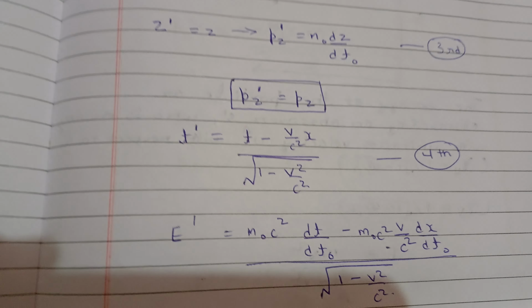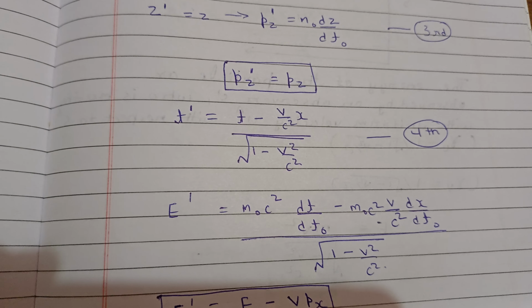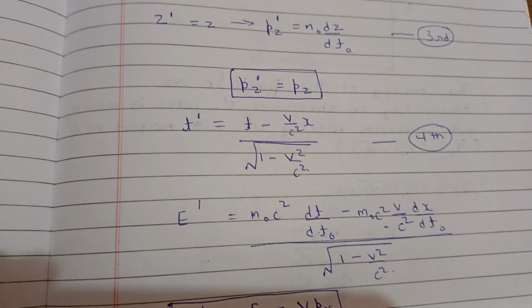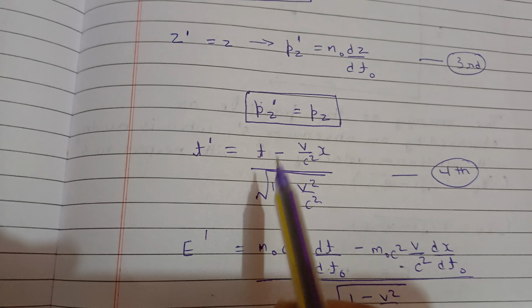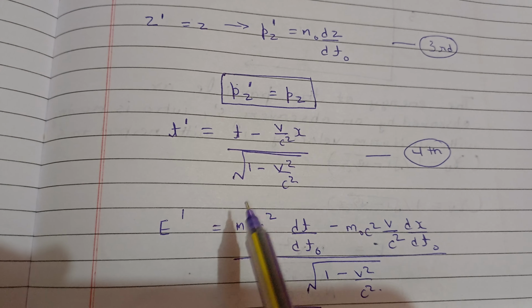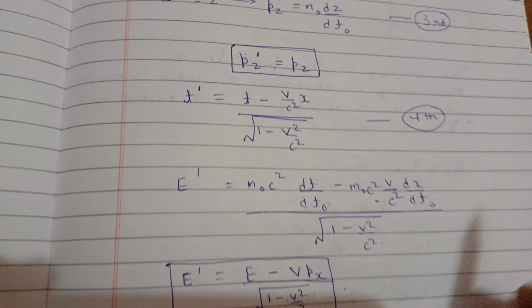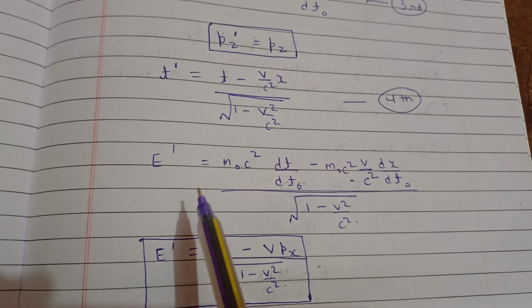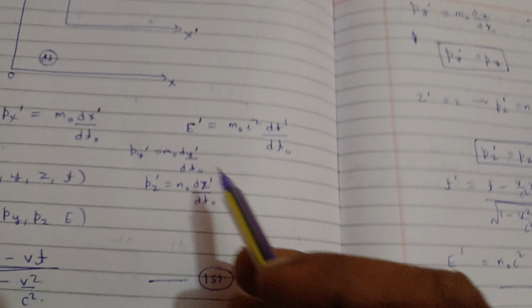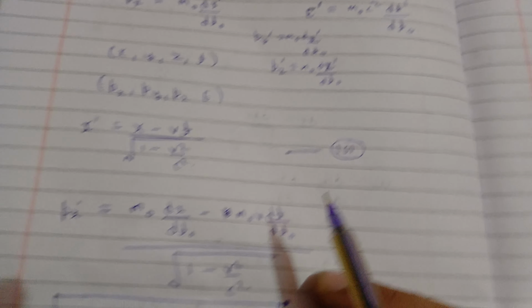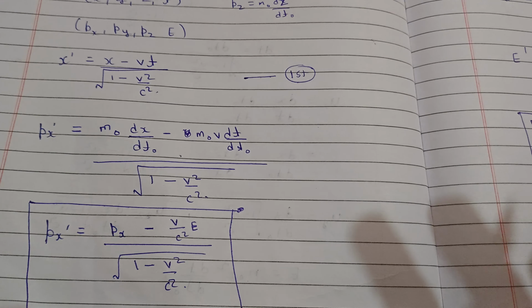Now the fourth Lorentz transformation equation, in the time frame, will give us the energy. So we know that t prime is t minus v by c square x, divided by root 1 minus v square by c square. Same for the E prime. We know what this formula is. So here it is.